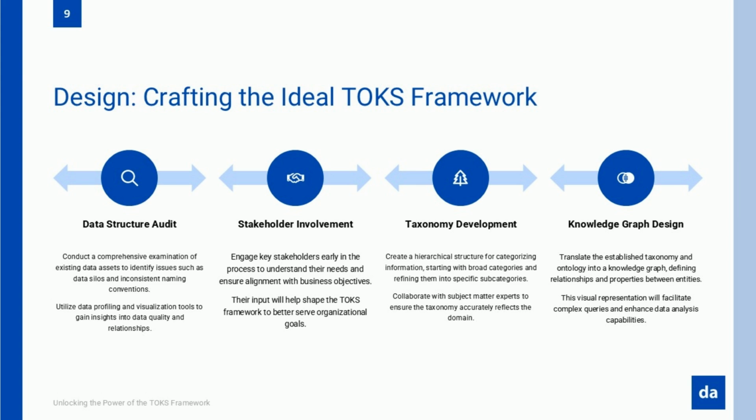As we extend our taxonomy into a comprehensive ontology, we focus on defining the relationships between entities and their properties. This step transforms our hierarchical structure into a rich network of interconnected concepts. We identify key relationships such as is a, part of, and related to, and define properties that describe the attributes of each entity.